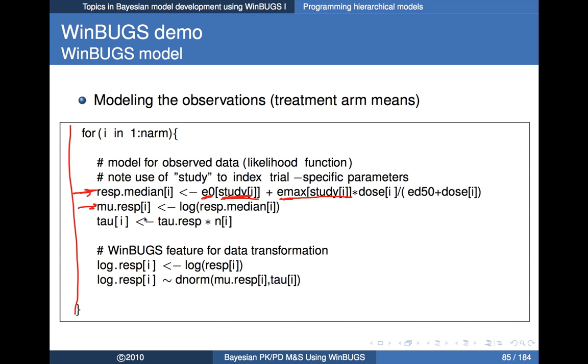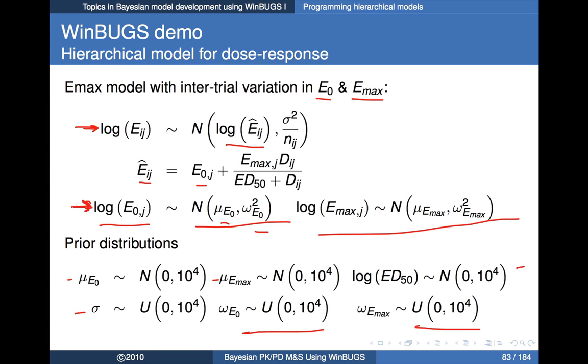Another thing is for our tau that we're going to be using here, in other words, our precision for our residual variation. Recall again, we have to do this sample size adjustment here. Now we've got the variance divided by n, but for BUGS we have to parameterize it in terms of precision, so it has to be in terms of the reciprocal of the variance.